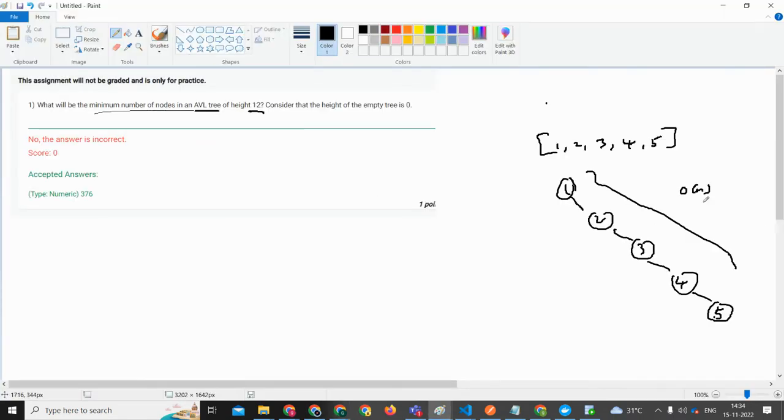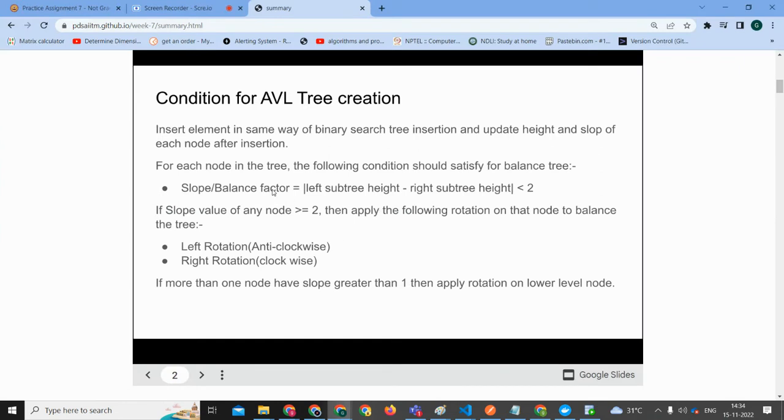So slope equals left minus right, and this should always be less than 2. The formula for slope is nothing but left minus right. That is the slope formula. So far so good.